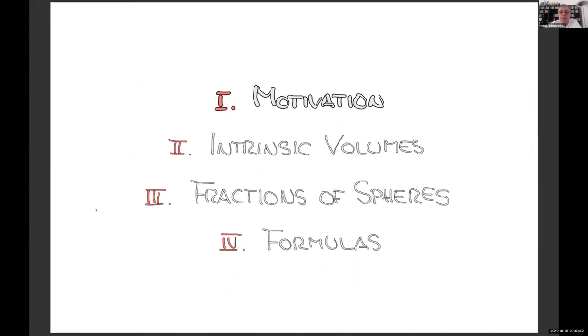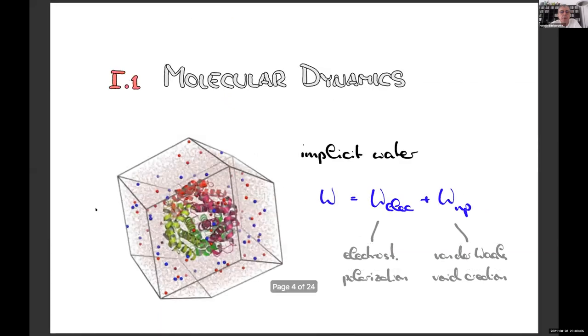All right, let me first motivate the work a little bit. It comes from molecular dynamics. So molecular dynamics is this idea that we could model molecules, if we know their chemical structure, by implementing Newton's law of motion, simulating it on a computer, and then finding out how the molecules move.